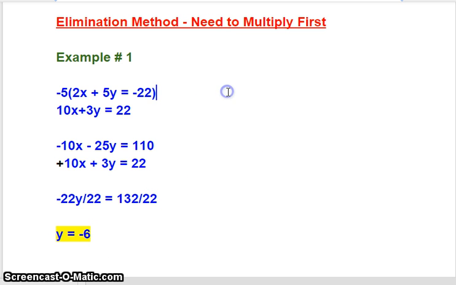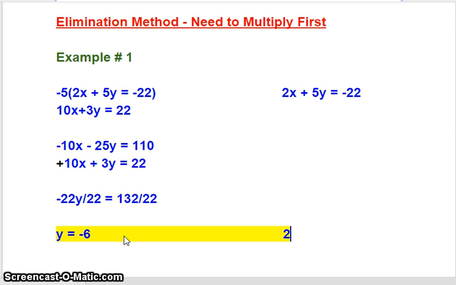But now I have to go back in and I have to pick one of the equations. Whoops, sorry about that. And let's just use the first equation, that original equation, 2x plus 5y equals negative 22. Let's plug in that information. In fact, I'll just come right down here and do it.